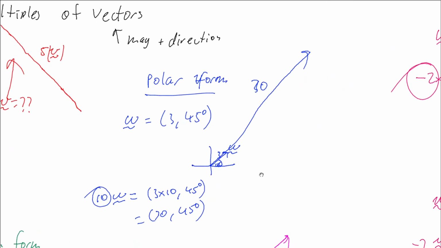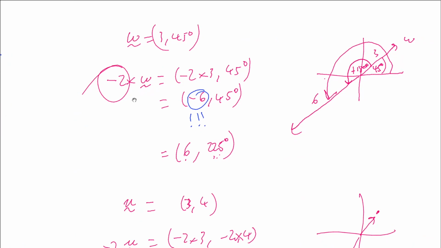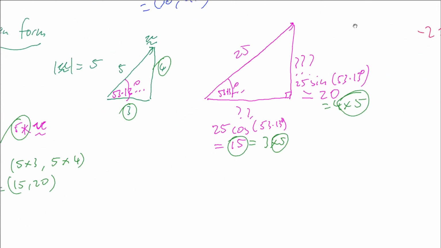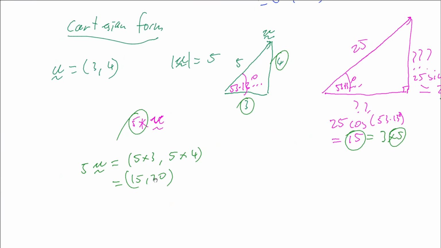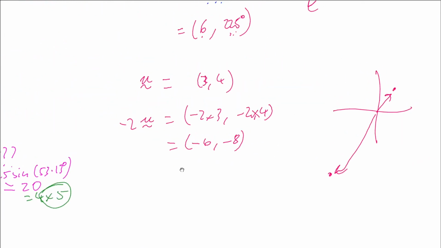If it's in polar form, then we just multiply the magnitude by the scalar and keep the angle the same, unless we have a negative scalar, which gives us a negative magnitude, which is problematic. So we have a positive magnitude with an adjusted angle because we can't have a negative magnitude. If we have it in Cartesian form, we can simply multiply each component by the scalar, and if it's negative, it still doesn't matter. We can just multiply each component by the scalar.